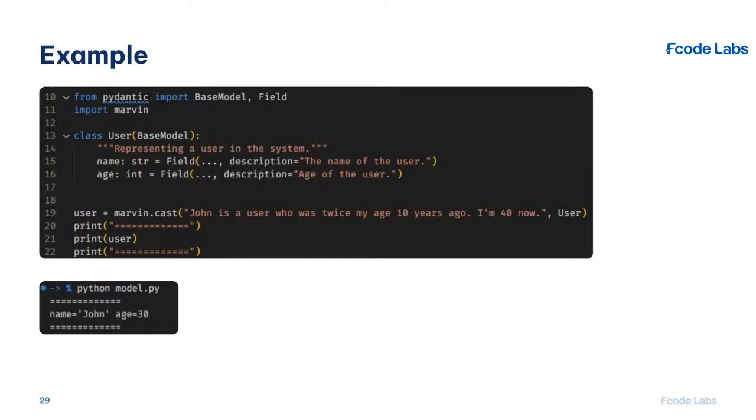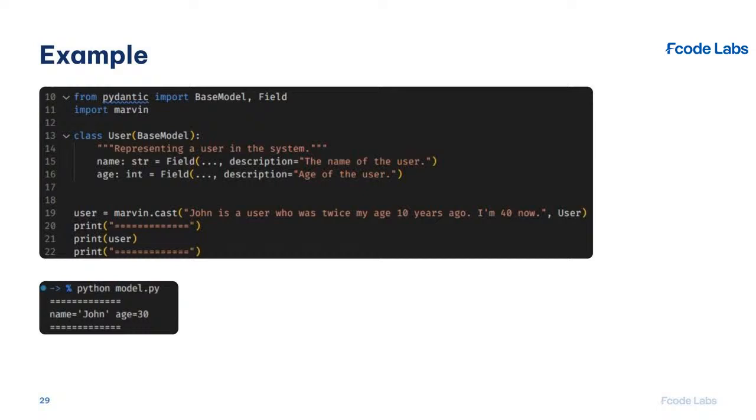The name is obvious, but the age has some calculation. If you run this in GPT 3.5, it gives this wrong output. 10 years ago, the person John is 30, but now he should be 70. We do the calculation, but the LLM output is 30.